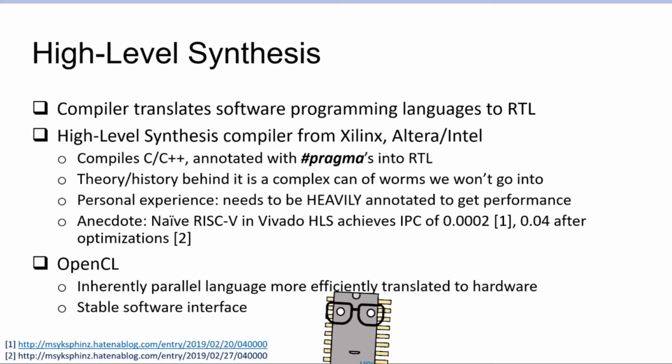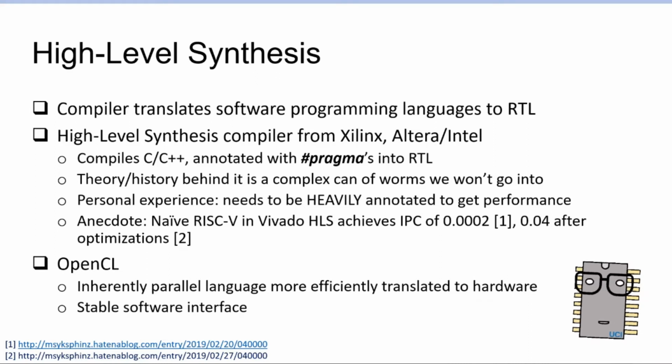So this could be an interesting middle point for writing hardware. But there is still a significant amount of performance being left on the table most of the time. That's why in this course, we're going to be mostly dealing with a lower level language, Bluespec.